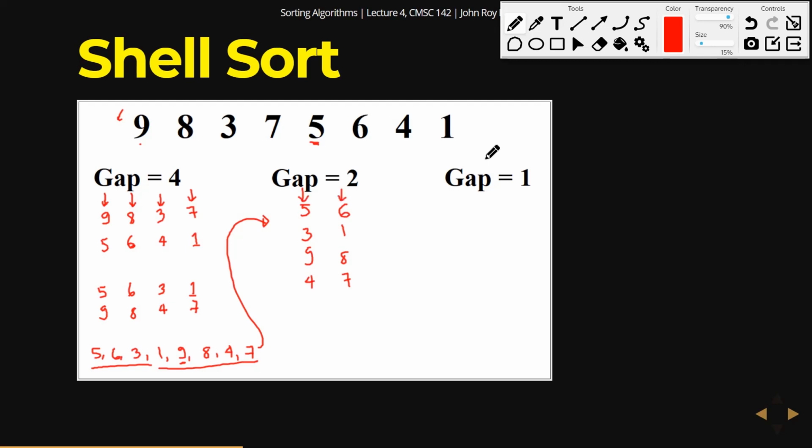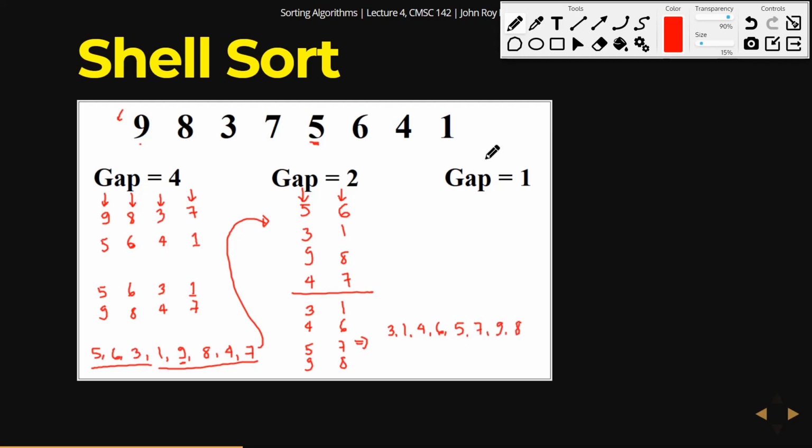So this becomes, the sorted version is 3, 4, 5, 9, right? And then here it becomes 1, 6, 7, 8. So if we unravel this into a one-dimensional array again, that becomes 3, 1, 4, 6, 5, 7, 9, 8.